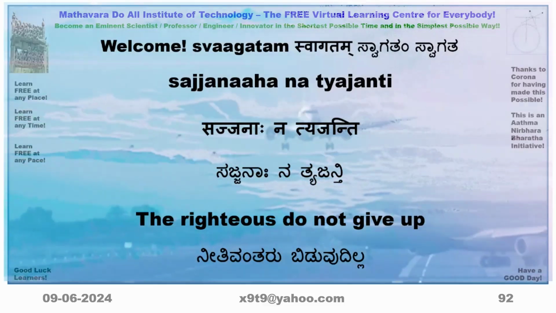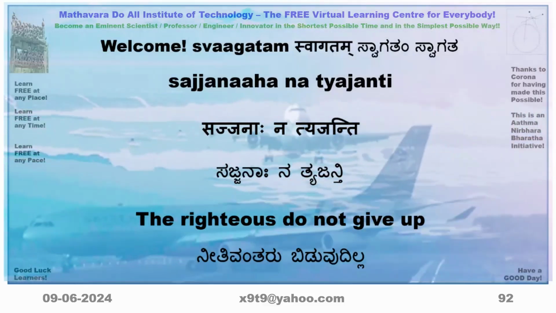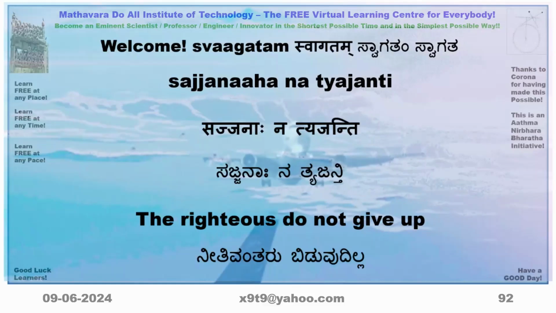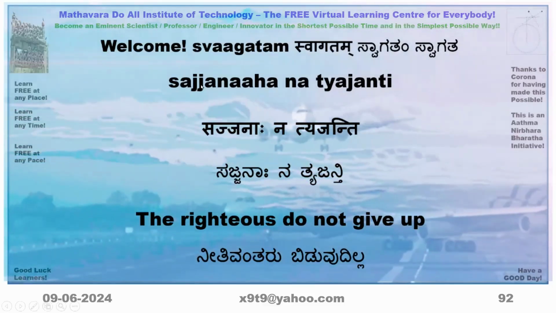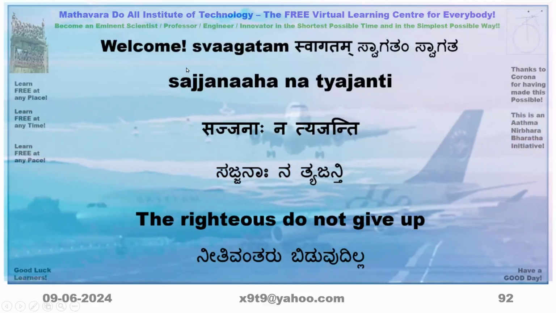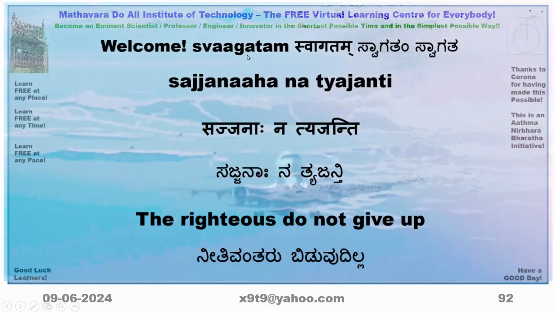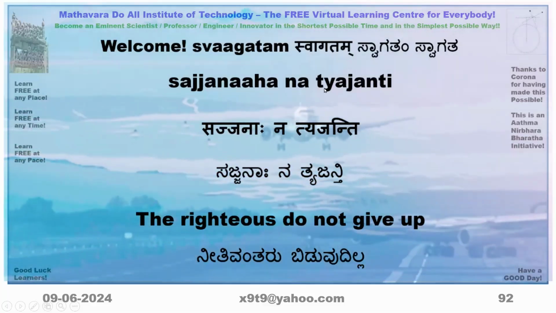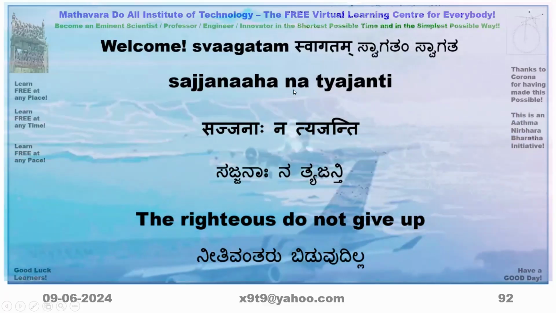First line, "Parvata Shile Palgarayal." No, that I cannot write. Why? You are not Kannada? Not too much. No, you can write like this, like I have written in English using letters. "Sajjanahana Tyajanti." Like that you can write. "Parvata Shile Palgarayal."